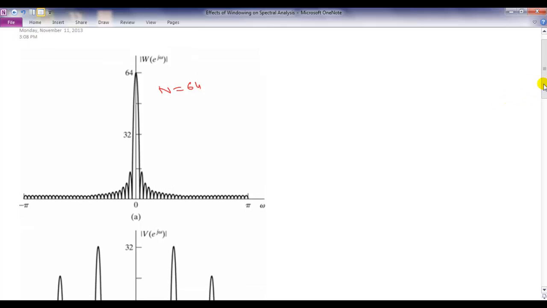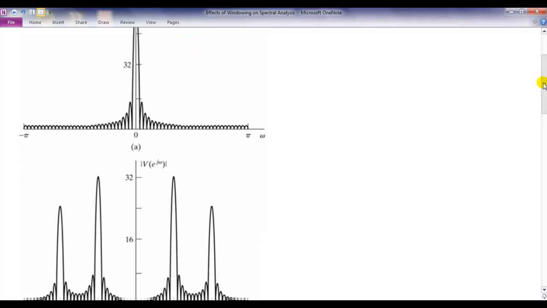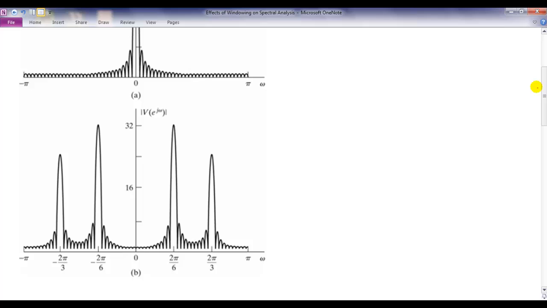Now, when you do convolution, you are going to see this whole thing getting shifted. There will, of course, be the effects of periodic convolution, where these ripples will go beyond pi. But more or less, you can think of this whole thing getting shifted to the locations of the impulses. Originally, we had an impulse at each of these four locations. Instead, the Fourier transform of the window gets shifted to those locations, and then we add all of those up.